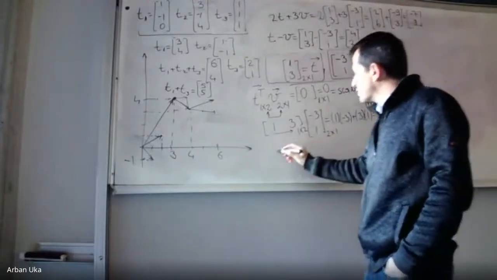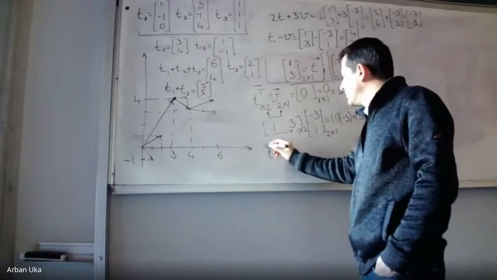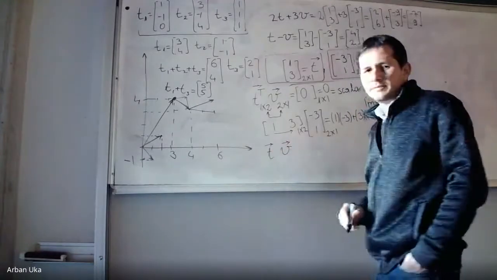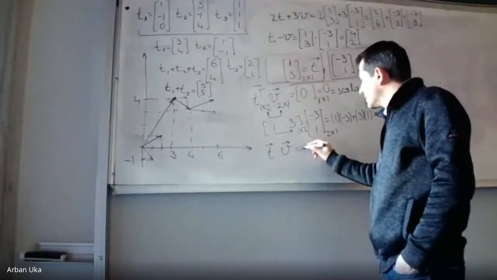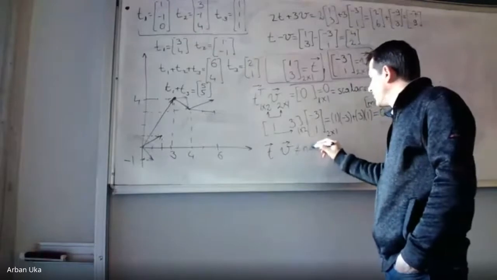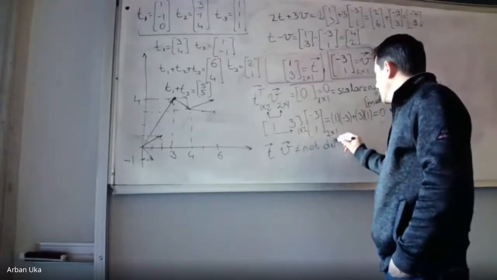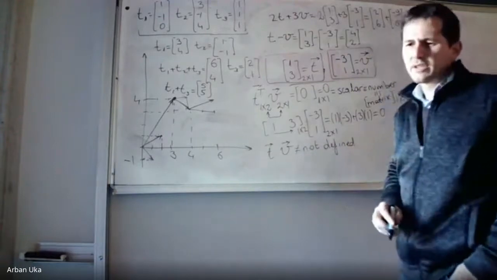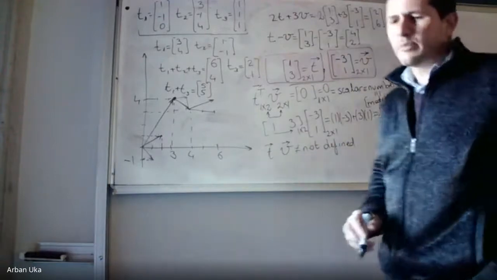Now I can also ask you this, what is T times V? It's not defined. We can't multiply. That's true, this is not defined. We cannot do this. Now, since we are talking about the multiplication of vectors, we can define the inner product.